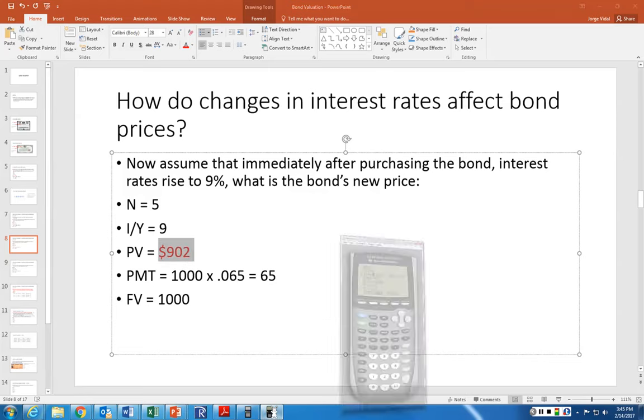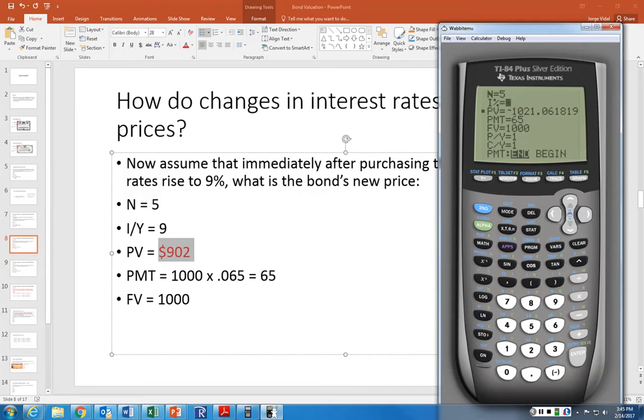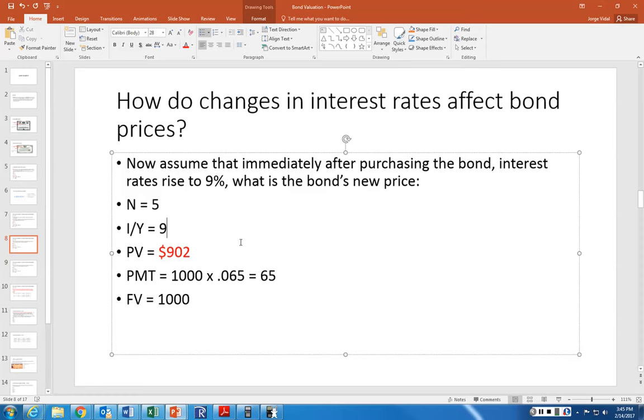And in the other calculator, let's make I% 9, go to present value, alpha, solve, 902. Okay. So when rates went up, bond prices fell.